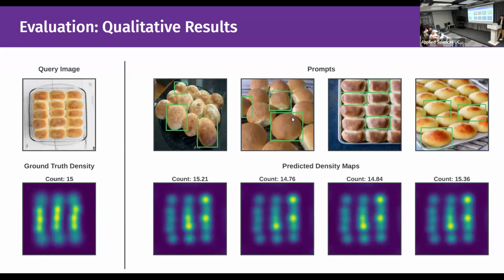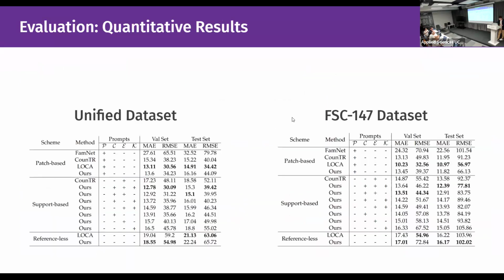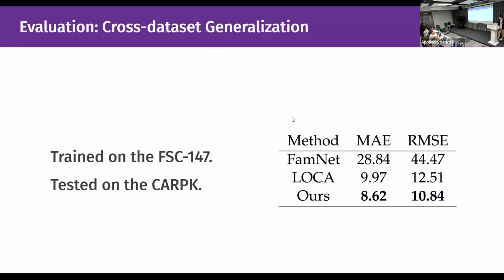You mentioned that you provided SOTA results. Can you again elaborate on this? What were the proofs of your SOTA? Okay, so the first SOTA is on cross-dataset generalization. LOCA is the current state of the art on this task.